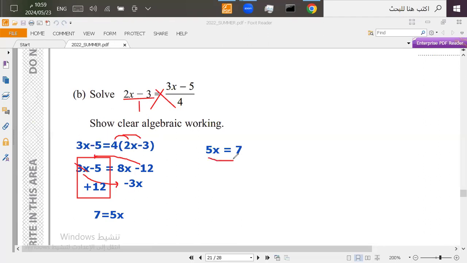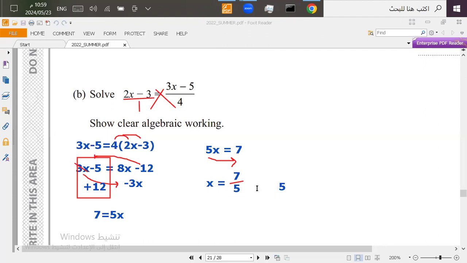So I'm going to take the 5 by dividing. So the answer will be x equals 7 over 5. Now this is the answer as a fraction. I can make it as a decimal by dividing, or I can make it as an improper fraction. To turn it into a mixed number, I'm going to use the same denominator, which is the 5.